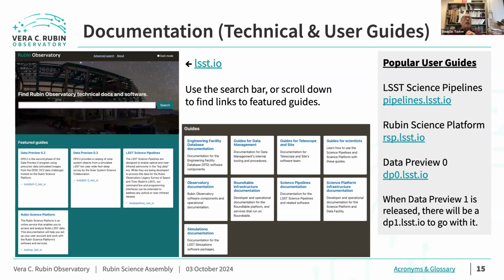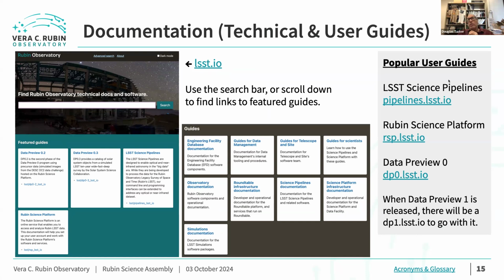There's also lsst.io. There are various technical and user guides. If you click on that link, you'll come to this landing page. There's a scroll bar and a search bar where you can search for things. You can also scroll down and find useful links and guides on that page.